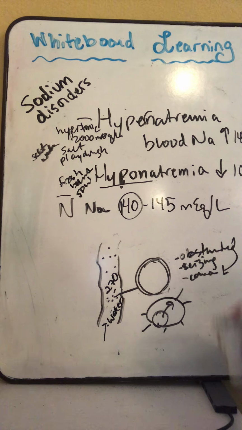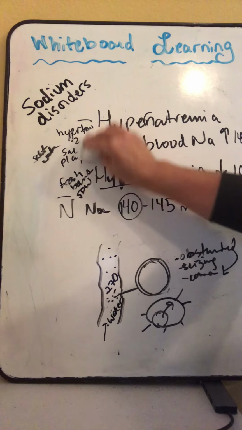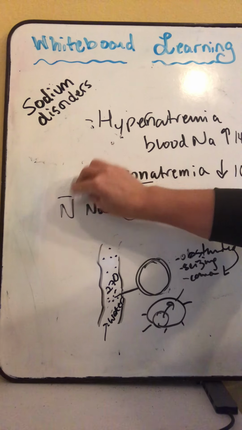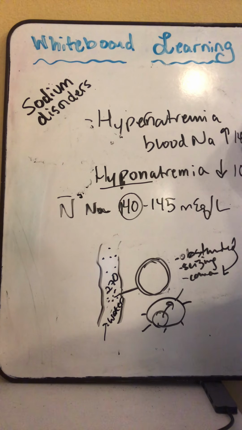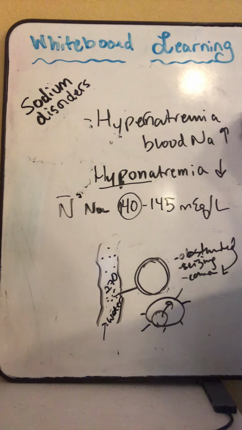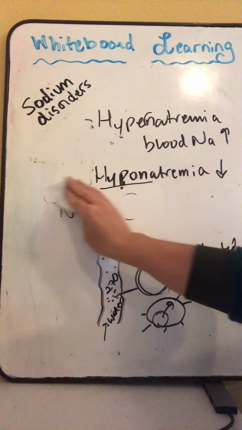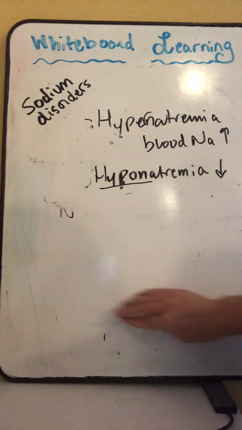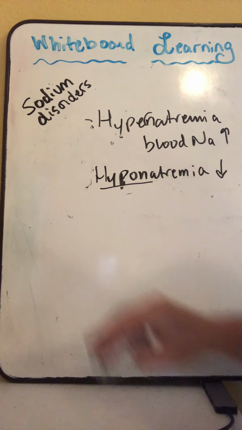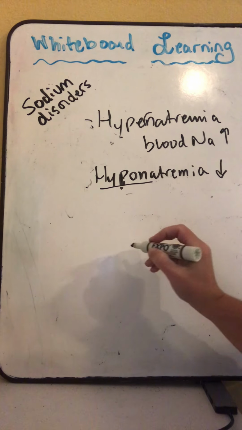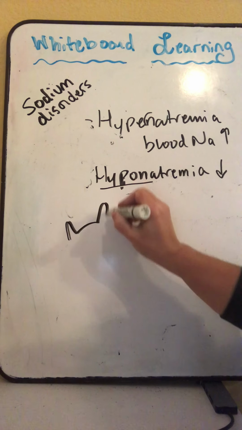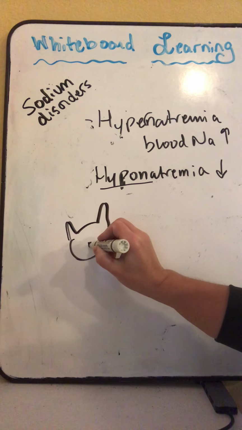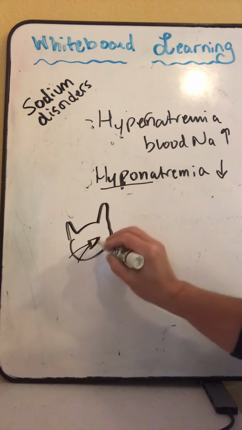What's interesting, if it's not sudden, is that you can have an adaptation. So let's say the most common thing that can happen with sodium is that I am a kidney cat. And a kidney cat, that's a little kitty who has bad kidney disease.